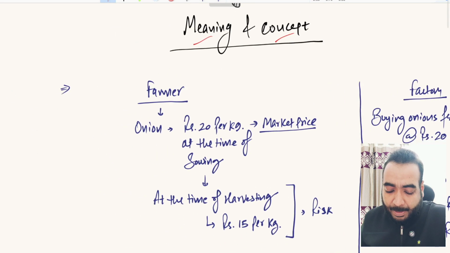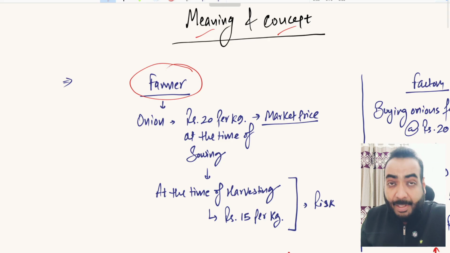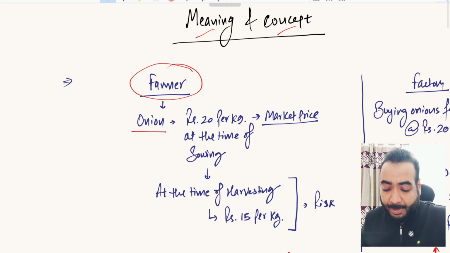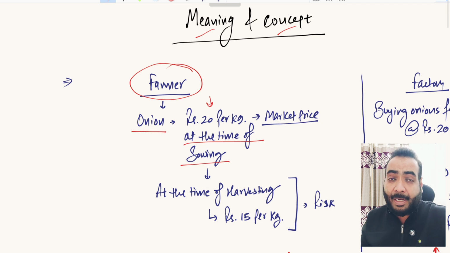So suppose there is one farmer who is producing onion, and the market price of onion is rupees 20 per kilogram at the time of sowing. The farmer needs to feed himself and his family with the income after harvesting and selling the onions, and he is expecting that the onions will fetch him at least 20 rupees per kg in the market.